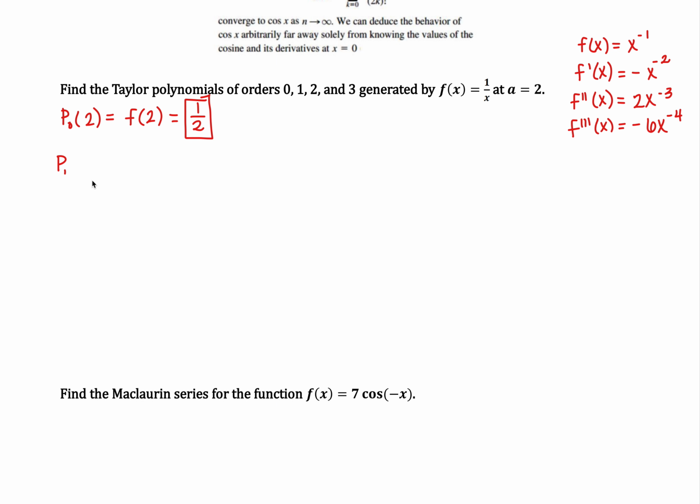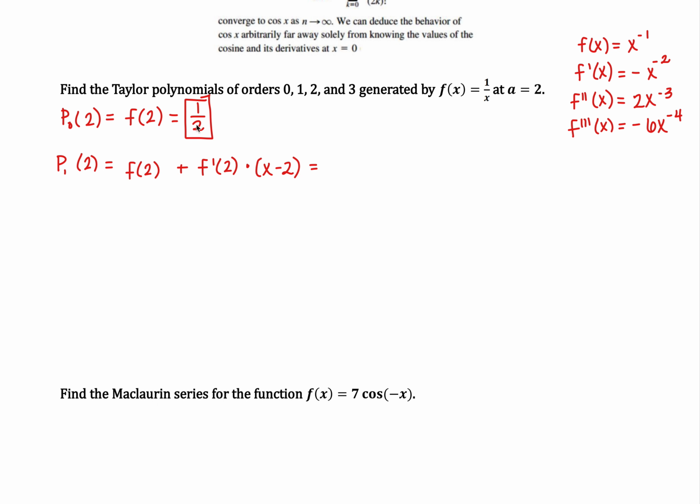So now the Taylor polynomial of order 1 is going to be the Taylor polynomial of order 0, which is the f of 2. And then the next term is going to be the first derivative of f at 2 times x minus 2.